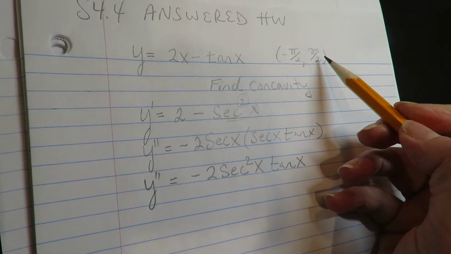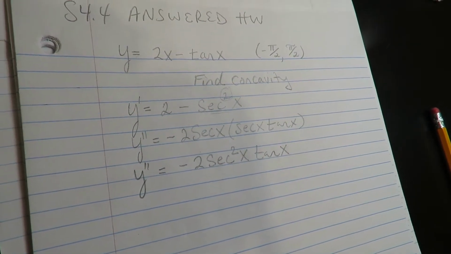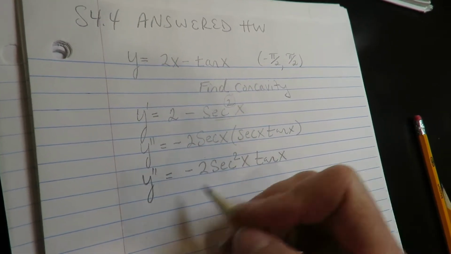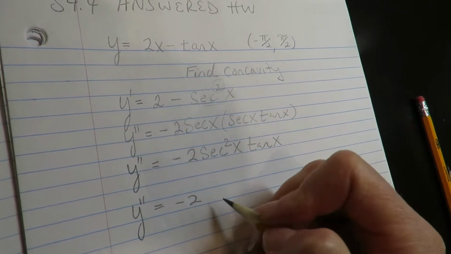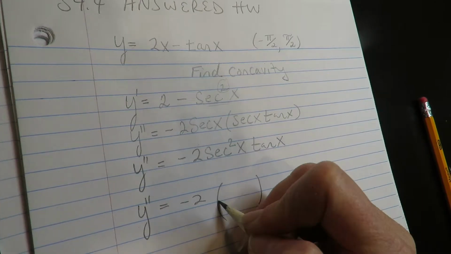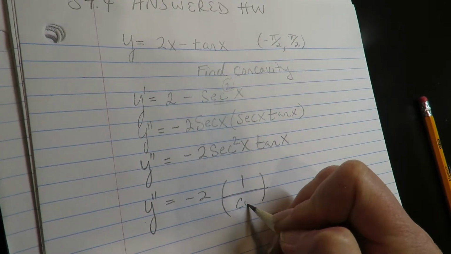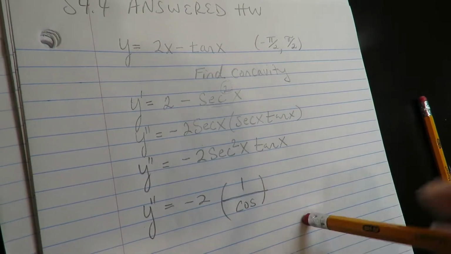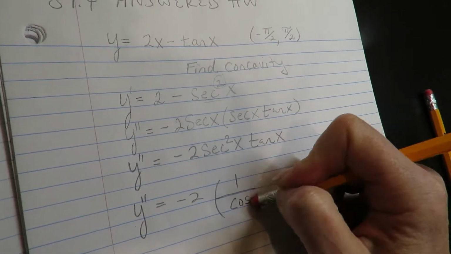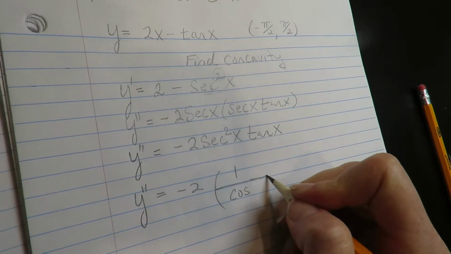Okay, they're on the interval from negative pi over 2 to pi over 2. Let me break this down into sines and cosines so I can take a better look at it. I was going to put the square here, but it doesn't matter. I can put it down here.